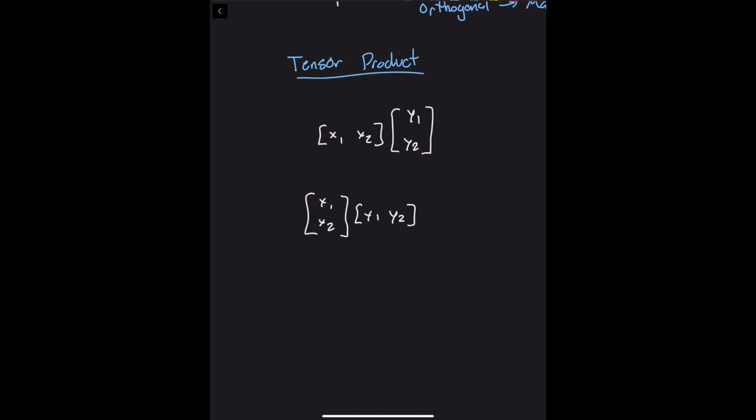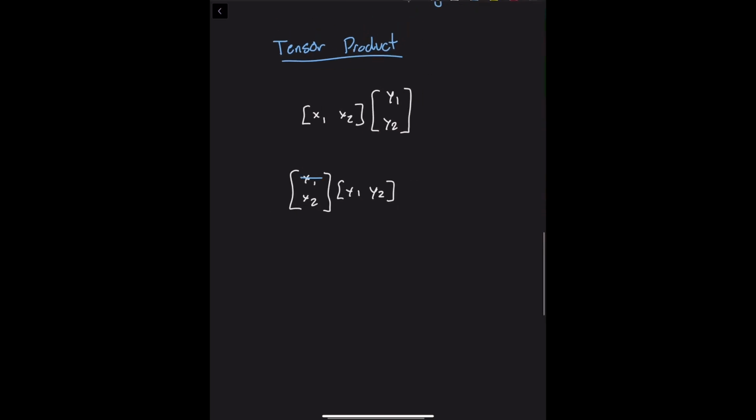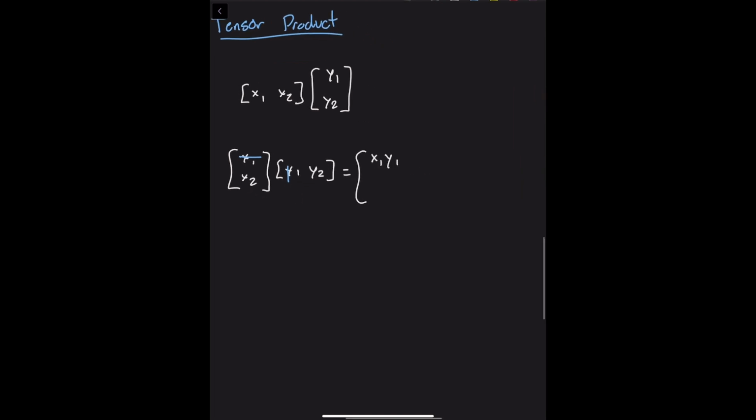What happens? Well, we go row by column, right? So we start here, look there. And this is actually going to give us another matrix. So here it's going to be x1, y1, x1, y2, x2, y1, and x2, y2.